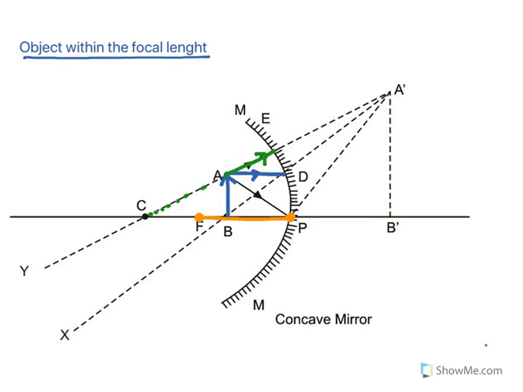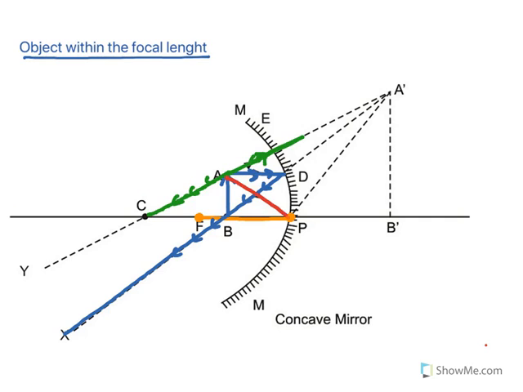So the one that is parallel to the principal axis, you will find after reflection, it will pass through the focus. So it comes parallel, it goes through the focus. The one that comes from the center of curvature over the object, it will retrace its path.